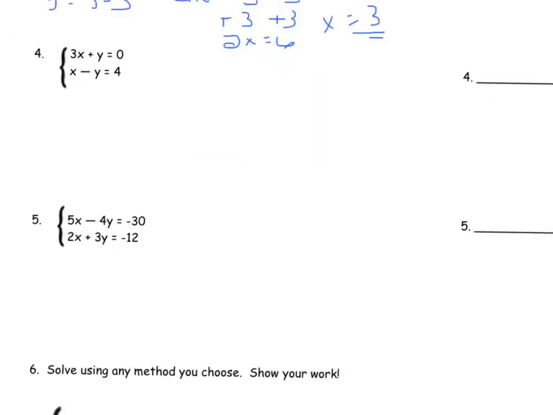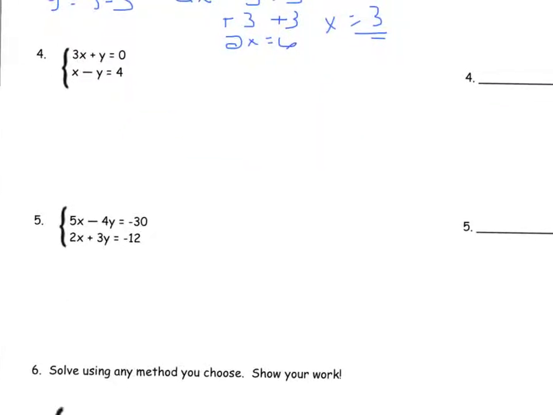For 4, I notice right off the bat that the y's are opposites. And because the y's are opposites, the most convenient method is solving by not substitution, combination. So I'm going to add down. So now I have 4x equals 4. And all I have to do is divide by 4, so x is 1.